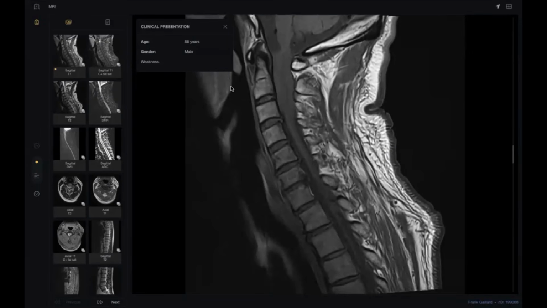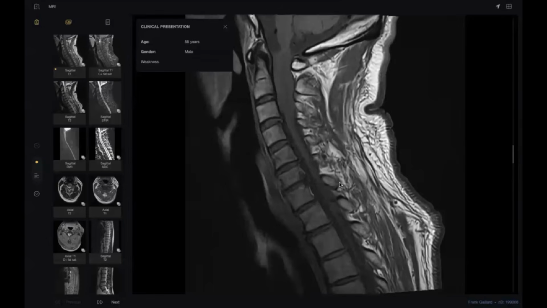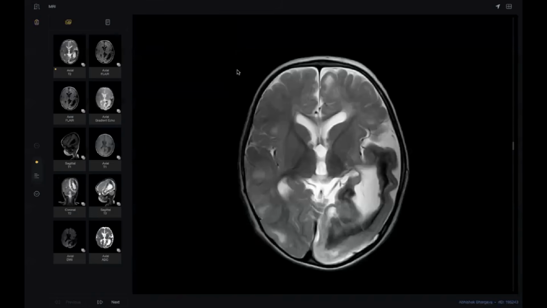Okay, this is, I think, the first one. One second, doctor. Yes, this is a 2-year-old female patient presented with seizures and headache. Go on.